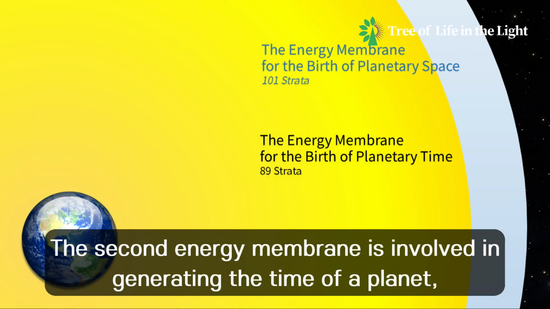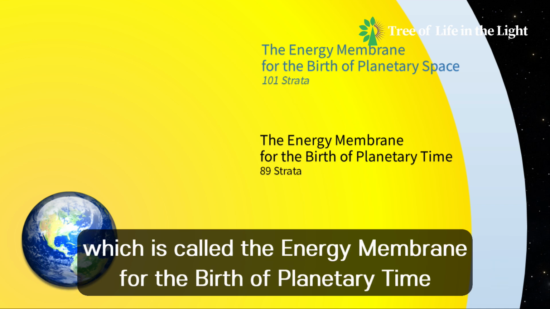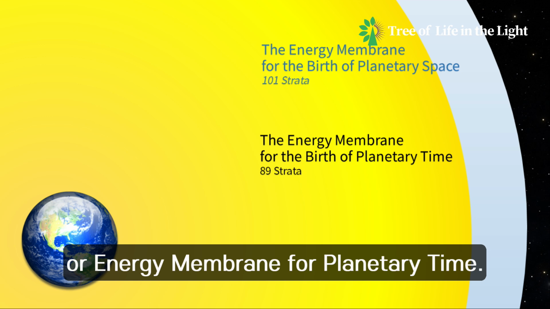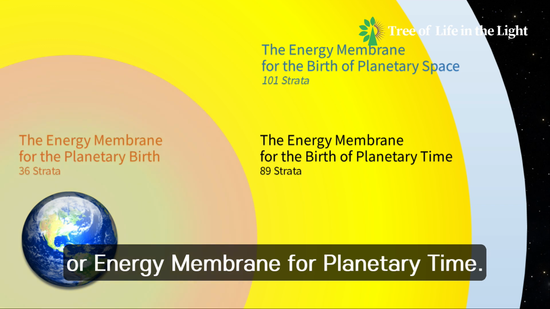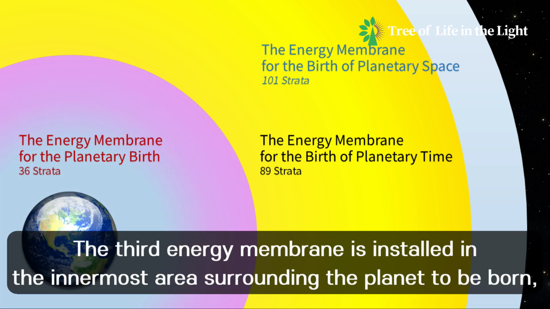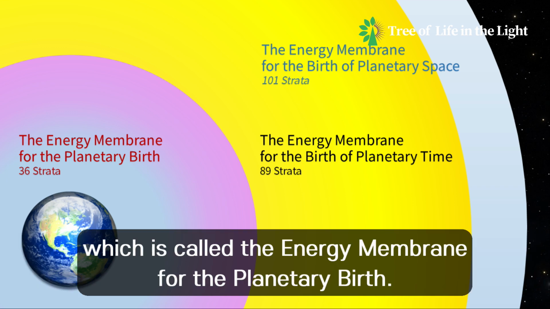The second energy membrane is involved in generating the time of a planet, which is called the energy membrane for the birth of a planetary time, or energy membrane for planetary time. The third energy membrane is installed in the innermost area surrounding the planet to be born, which is called the energy membrane for the planetary birth.